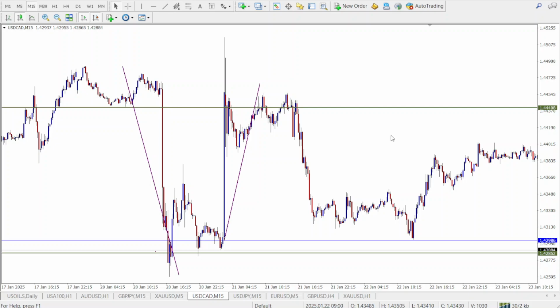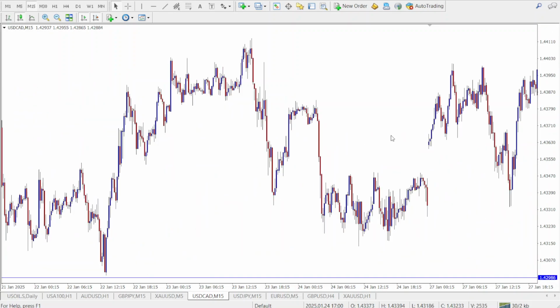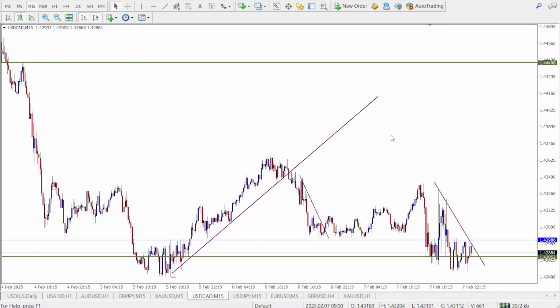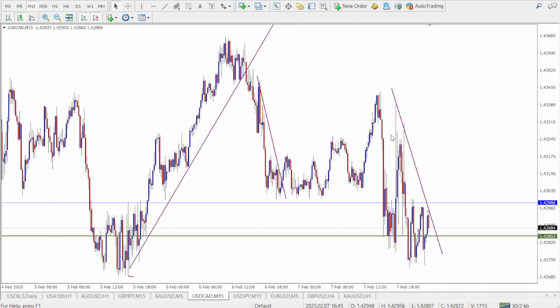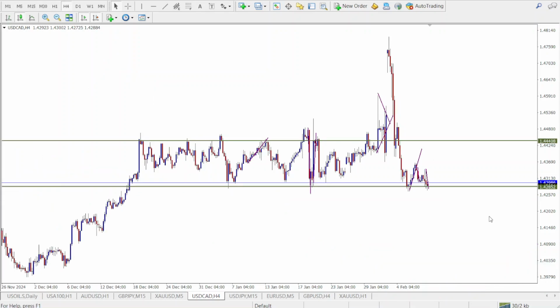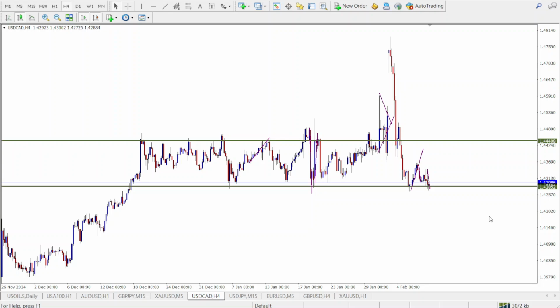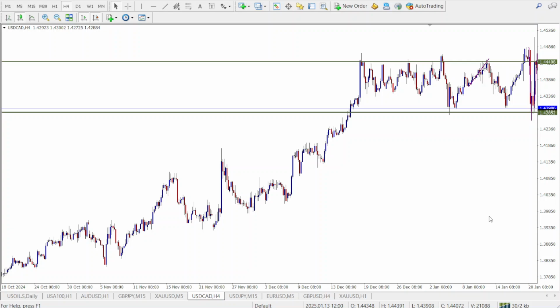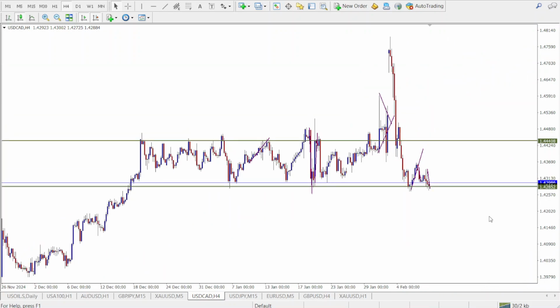Then we also have the head and shoulders pattern, right? The head and shoulders pattern is actually one of the strongest reversal signals.